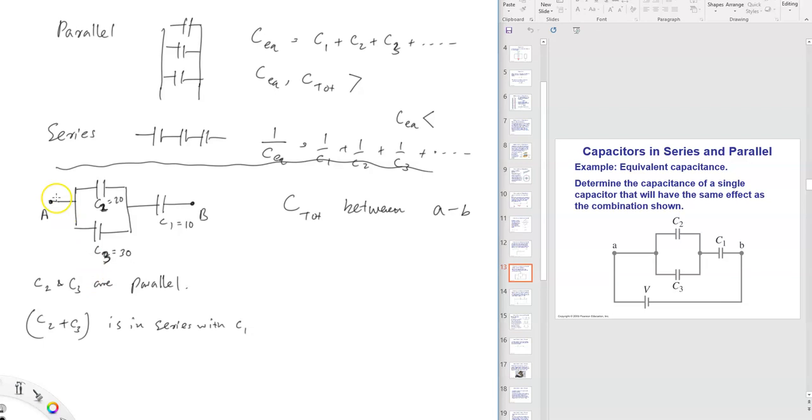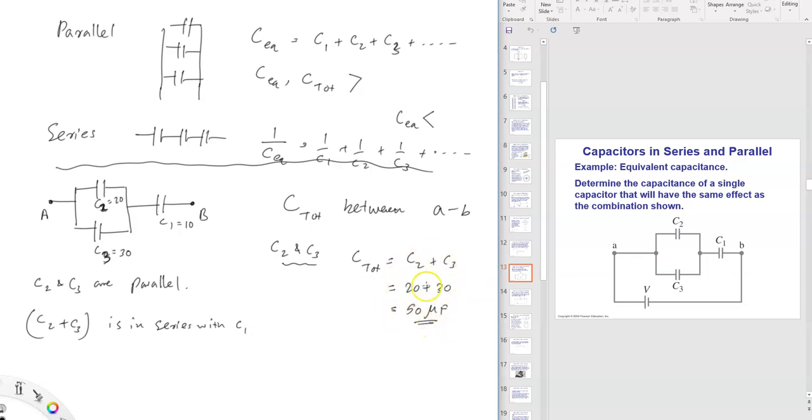So we're going to work with C2 and C3 first. They're parallel. So parallel means you can just add them. C total is C2 plus C3. So that will be 20 plus 30, that will be 50 microfarads.